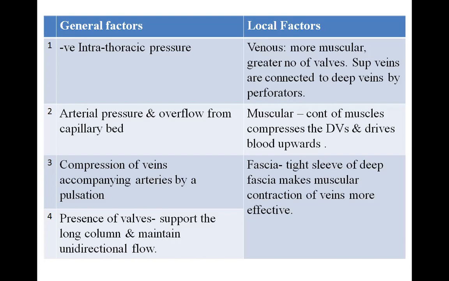Muscular factor: contraction of the muscle compresses the deep veins and drives the blood upwards. Fascia of the lower limb forms a tight sleeve and makes the muscular contraction more effective. So these are the factors which help in the venous drainage of the lower limb.